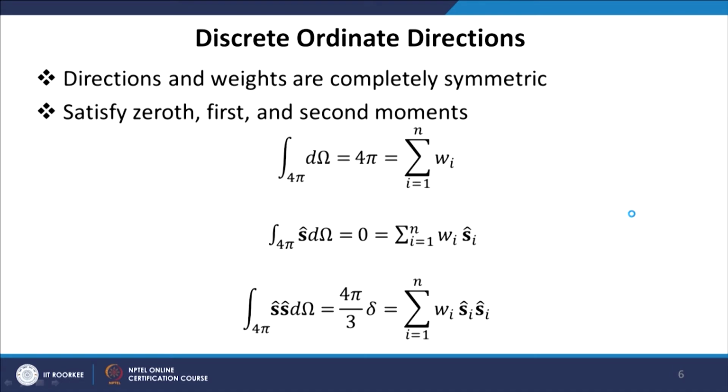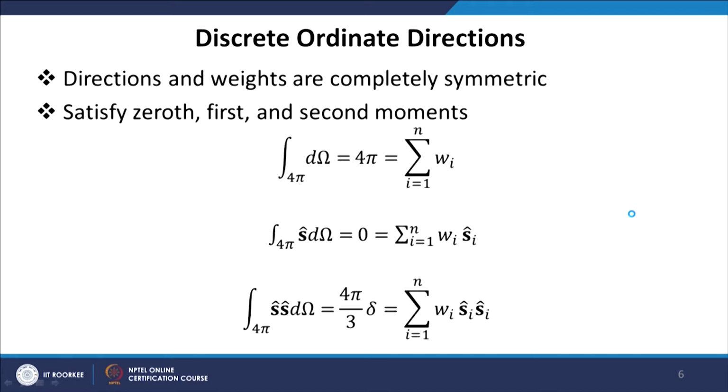Now, how are these directions chosen? We have to choose a certain number of directions, but how do we choose them? They have to satisfy certain conditions. The conditions basically include the 0th, first and second moments over the solid angle.